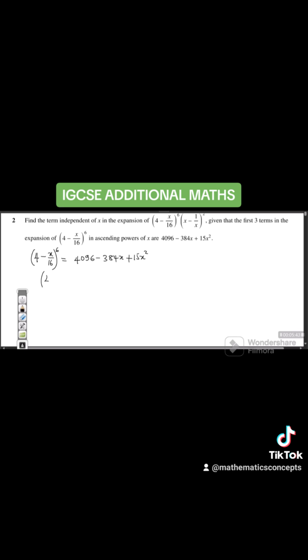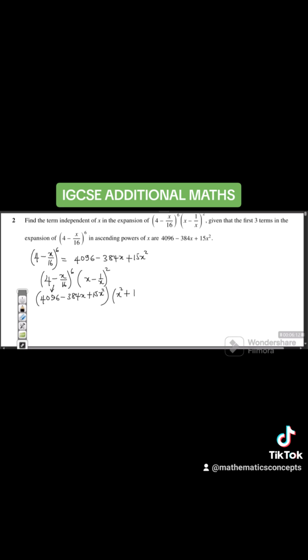Now, we are not made to get the value of this, x minus 1 over x everything squared. So the whole of this is now 4096 minus 384x plus 15x squared, then multiplied by, if you expand this using binomial expansion, you have x squared plus 1.